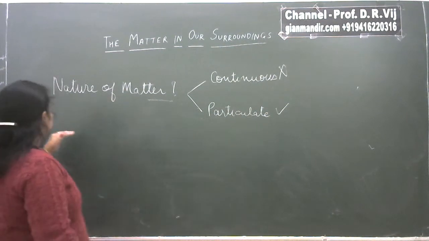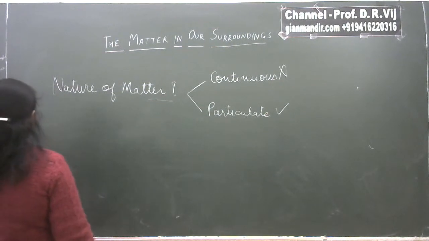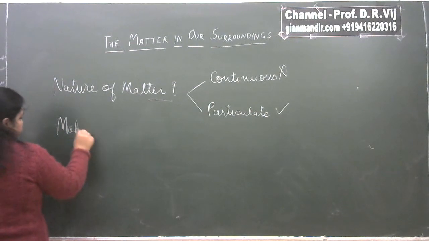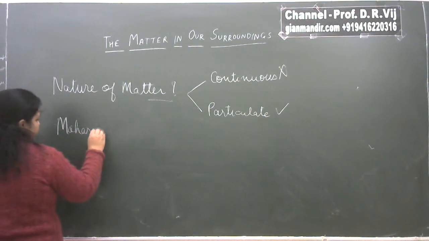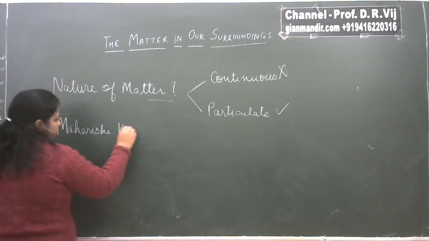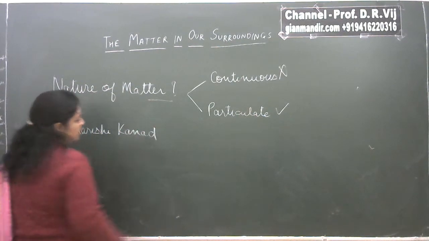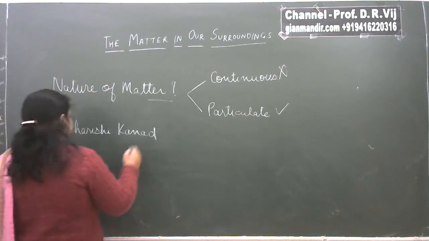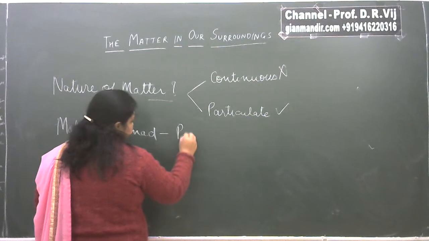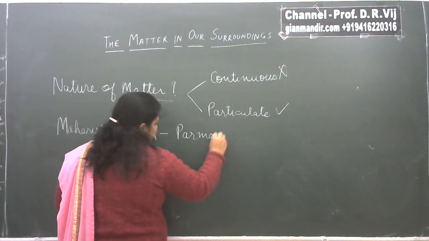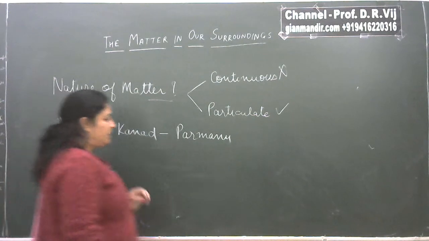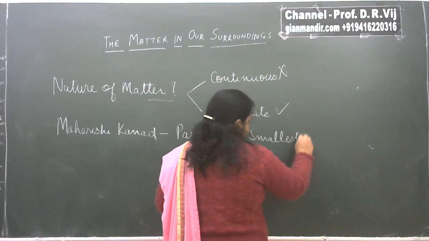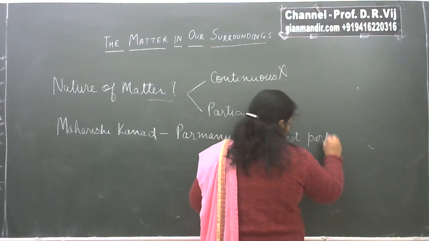Different scientists have given it different names. Maharishi Kanad gave the name Parmanu to the smallest particle. So Parmanu, according to Maharishi Kanad, is the smallest particle of matter.